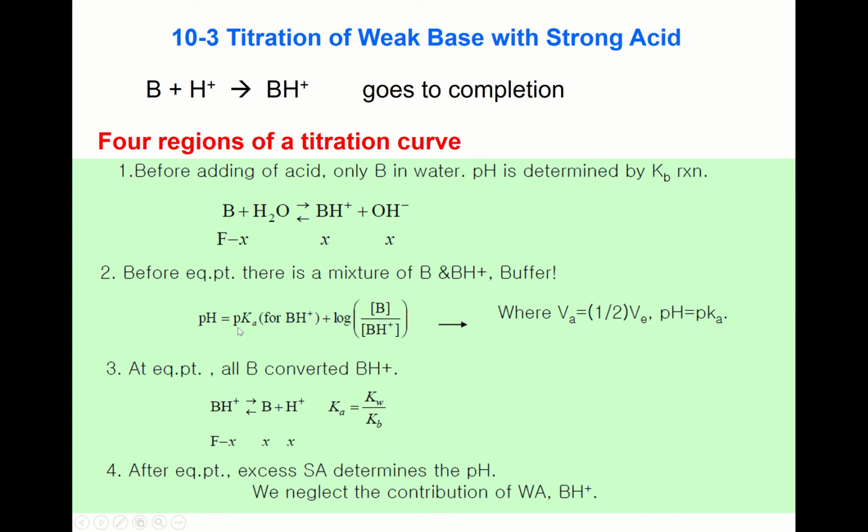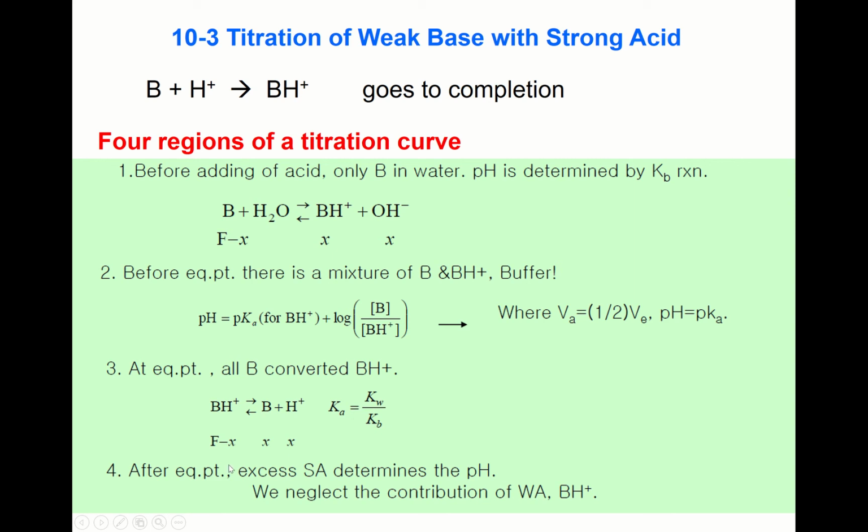The next region is at the equivalence point. At this point, all B becomes BH+. So in solution there is virtually no B nor proton species. Only BH+ species is present, and this BH+ species now undergoes dissociation to produce B and proton. In this case, Ka equals Kw divided by Kb.